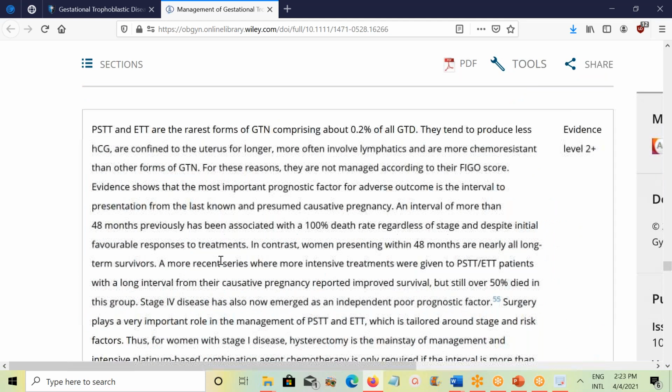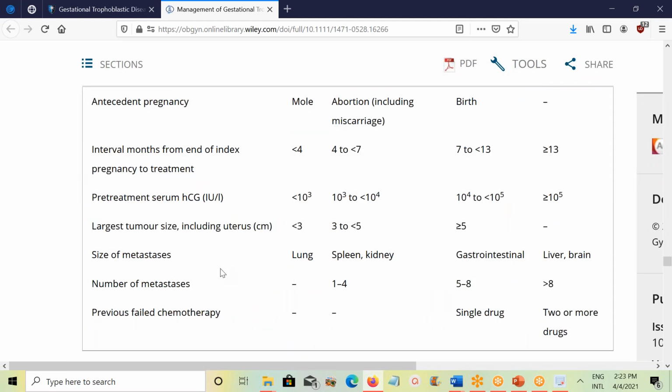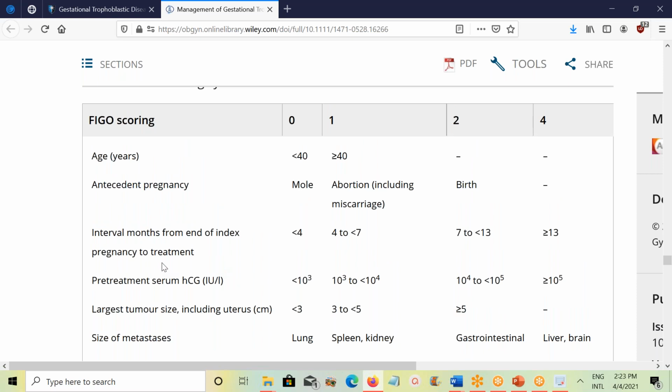The most important parameter when following up a pregnancy is 12 months from the end of the index pregnancy. So the major important prognostic factor for PSTT and ETT is the interval to presentation from the last known and presumed causative pregnancy.